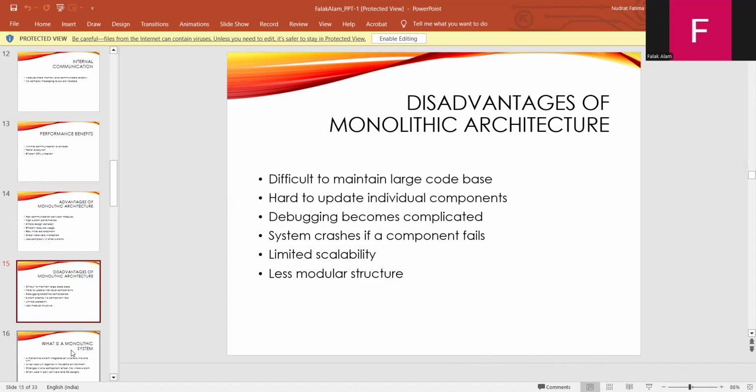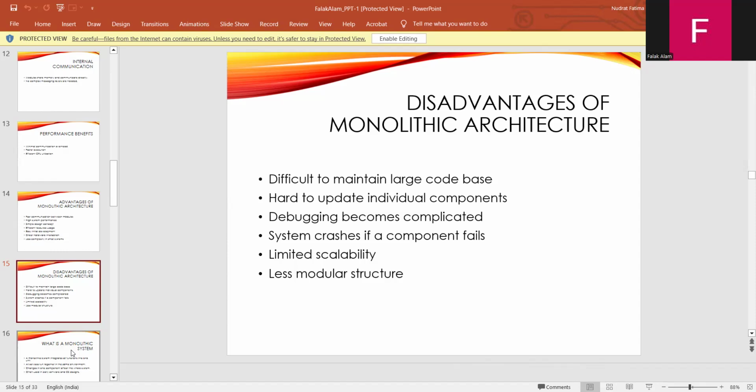The major disadvantage is that it is very difficult to maintain. If the system consists of a large code base, modifying and updating the system is very challenging. We cannot easily modify or update the changes in the system.